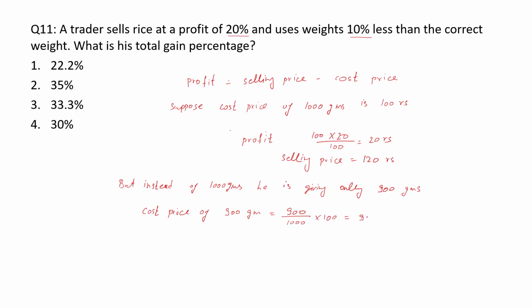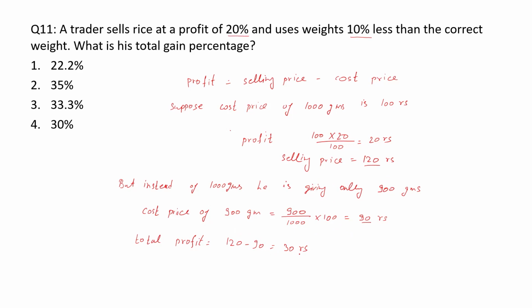That is 90 rupees. So he is selling at 120 rupees. Cost price is just 90 rupees, because instead of 1000 grams, he is only selling 900 grams. So it is 30 rupees. This is the total profit.